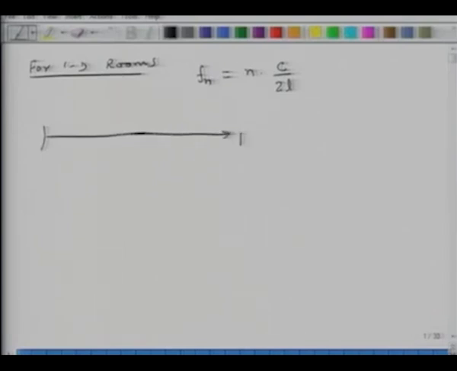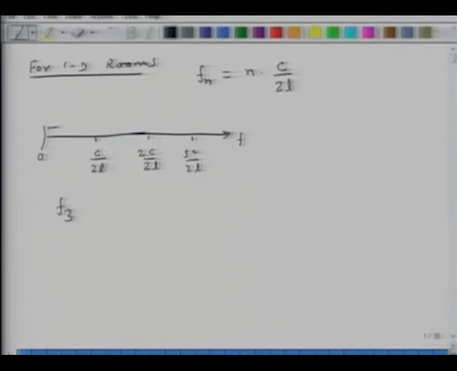So this is my frequency, this is my origin 0. So the existence of a node is after every period distance or unit distance, where a unit distance is c over 2l long. So every c over 2l I have a node.